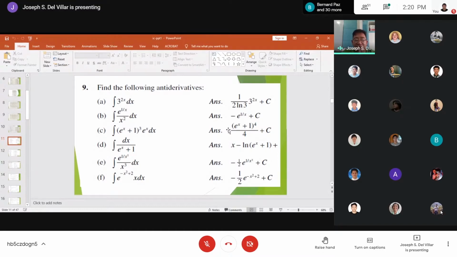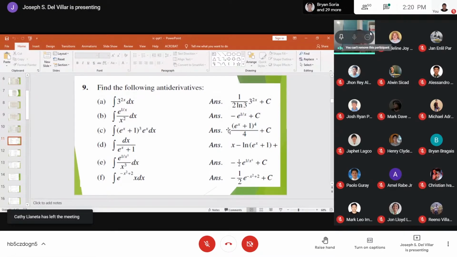Yun yung missing. Correct? So if we are going to rewrite this, it should be negative 1/2 times the integral of e raised to the 1 over x squared over x cubed times negative 2 dx.